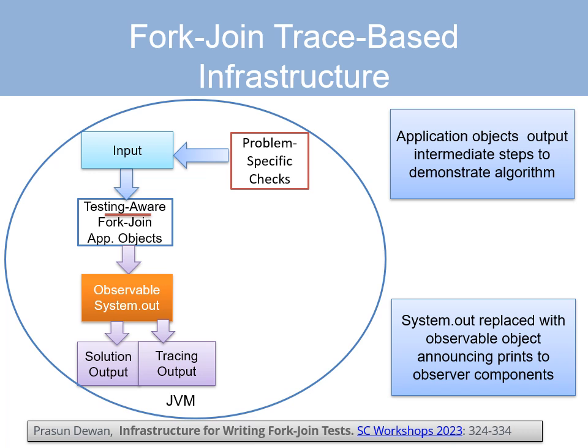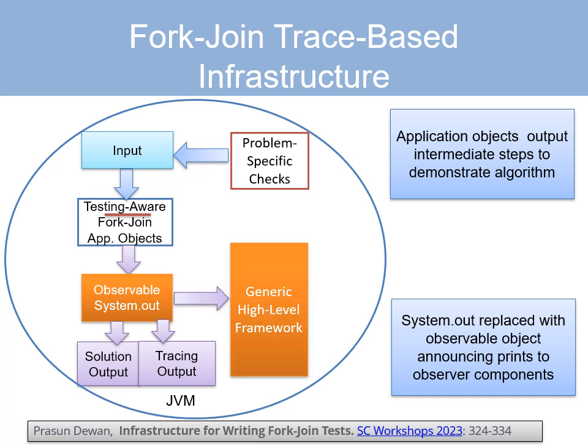Okay? And since we're working in Java, we assume that output is generated by making print method calls on a system out object. Okay? And in Java, you can change the system out object without the application knowing it. So we've changed the system out object to be an observable out object, which announces everything that's been output to anybody interested.